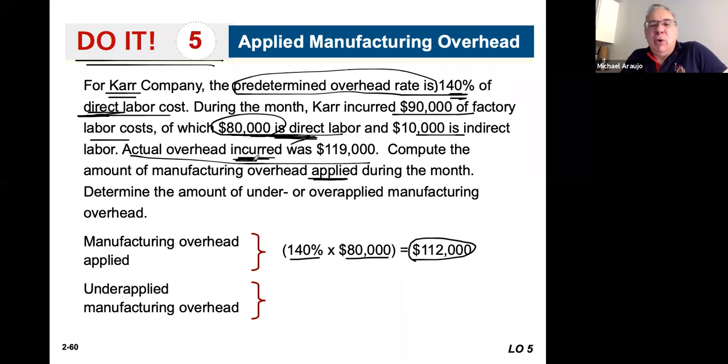In other words, we underestimated our costs, our manufacturing overhead. We thought we were only going to allocate 112,000. We actually ended up incurring 119,000. We were $7,000 off. Our costs were $7,000 less than what they should be.